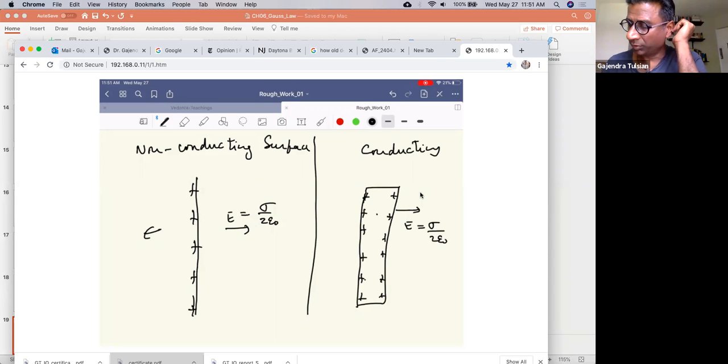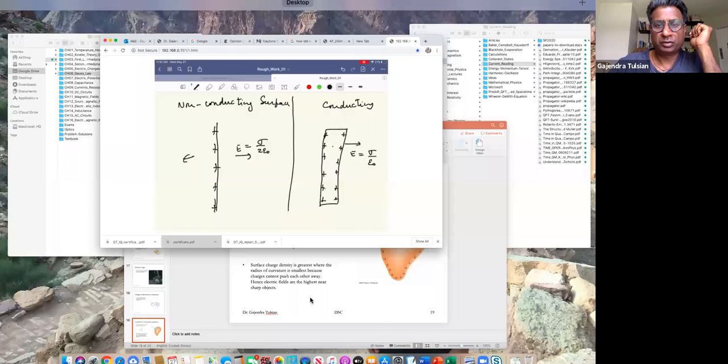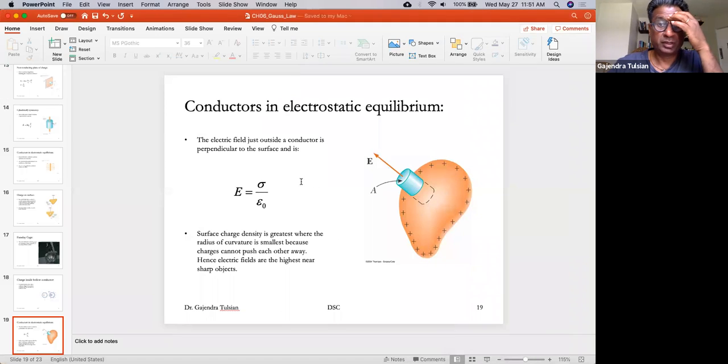I mean, sigma by epsilon naught. You have to be aware of it, and you can use Gauss's law to show that. The electric field near the surface of a conductor is sigma by epsilon naught.